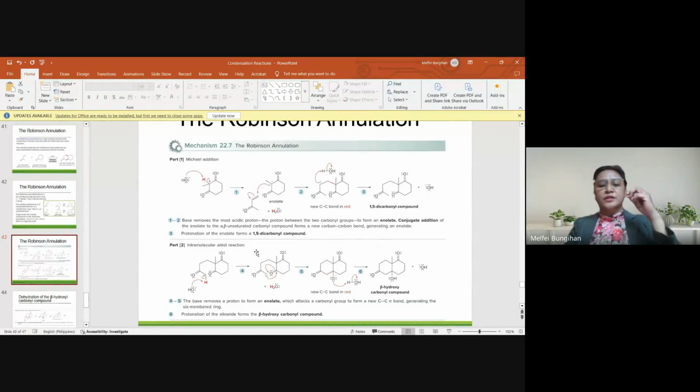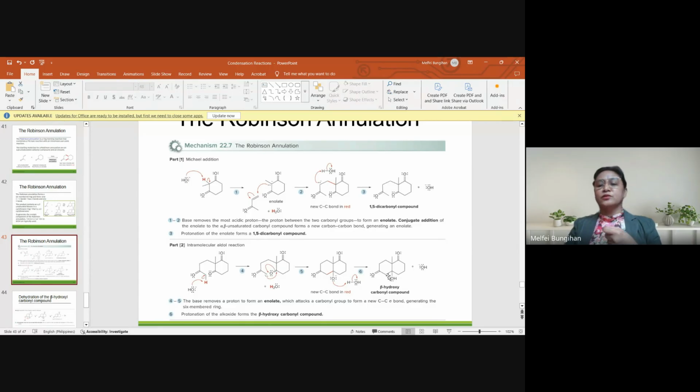So again, you need a base to abstract the alpha hydrogen to form your enolate, which now attacks the carbonyl closest to it, to form the ring. Okay? And forming the ring will give you an alkoxide, which, when protonated, will give you a beta hydroxy carbonyl compound, which you know will dehydrate eventually to form your double bond.